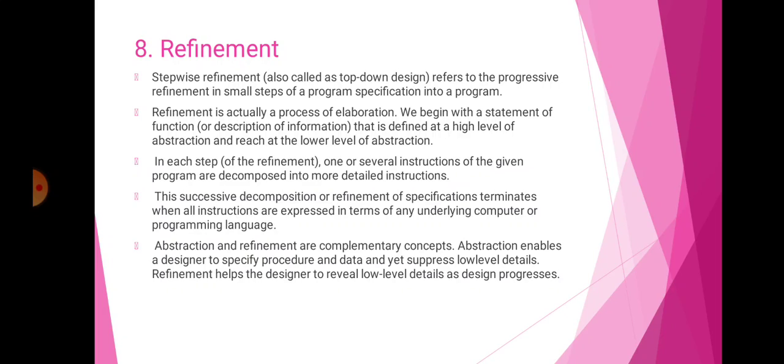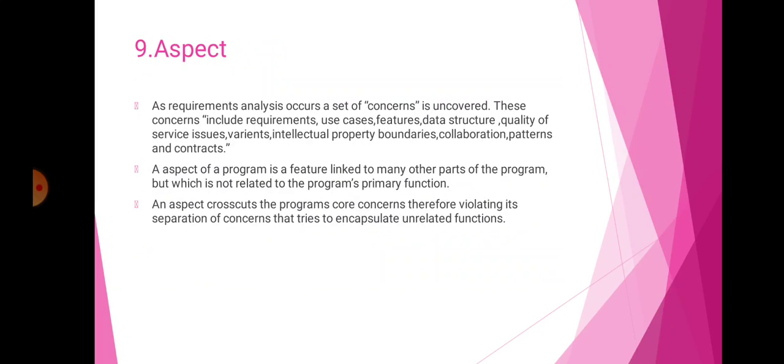Abstraction and refinement are complementary concepts, and they enable the designer to specify the procedure and its data, and suppress the low-level details. Refinement helps the designer to reveal the low-level details as a design progresses. The earlier compositions represent the significant interactions within the system, while later compositions show details of how these interactions are achieved.